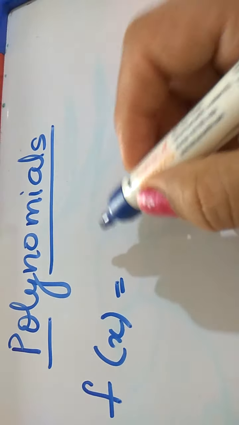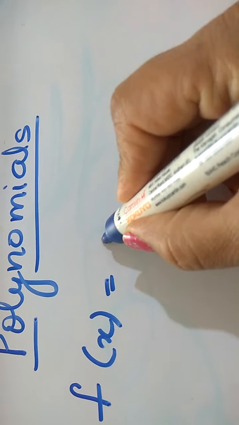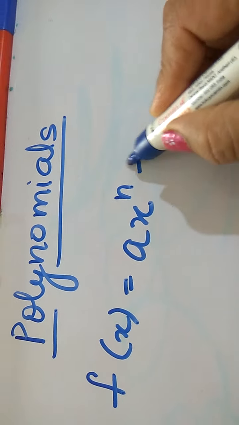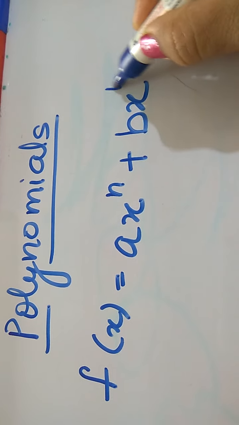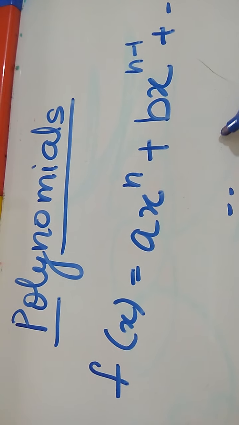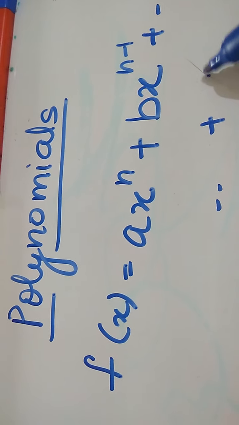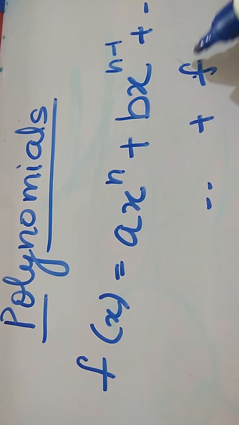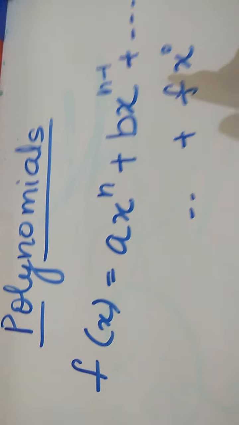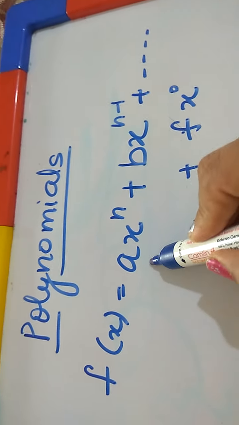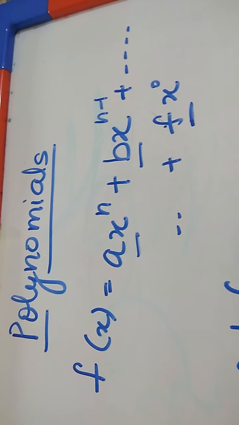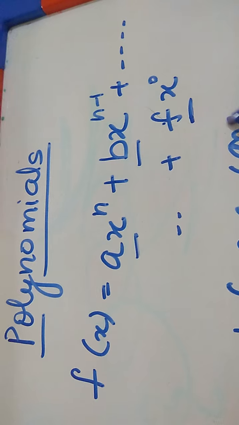In general, a polynomial can be written as follows. Here the alphabets A, B or any other alphabets F, these are the constants.